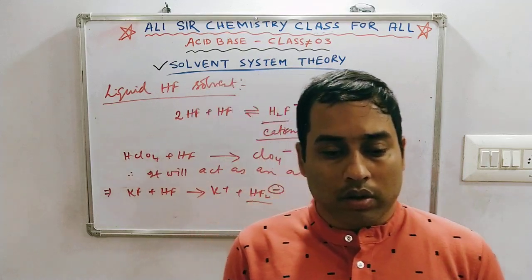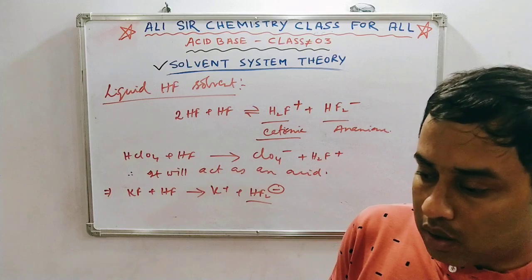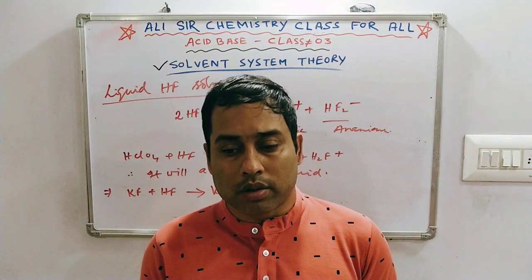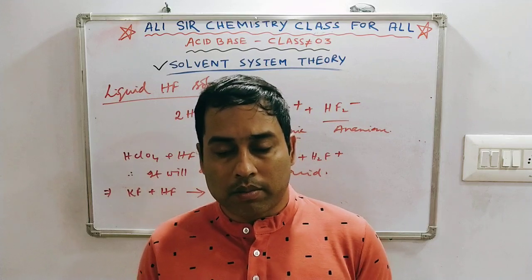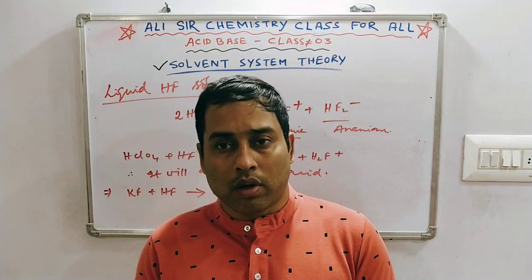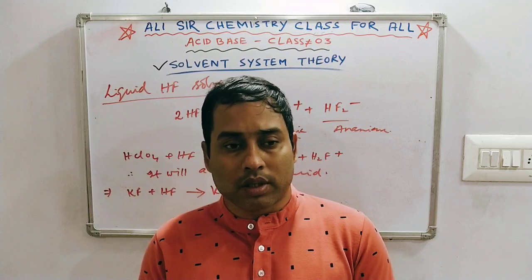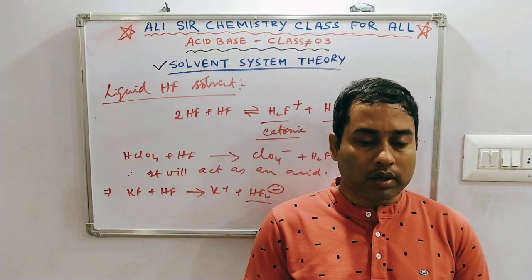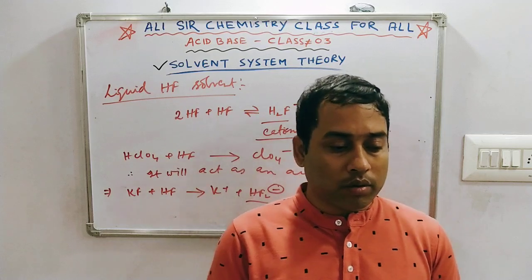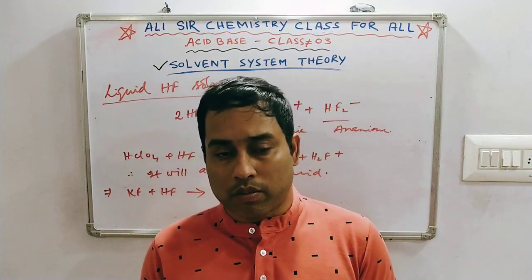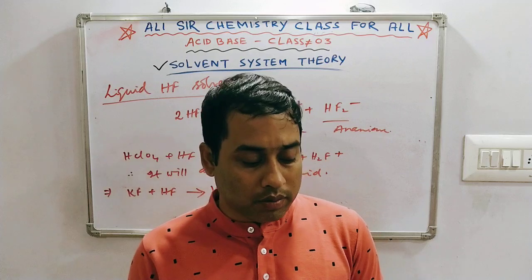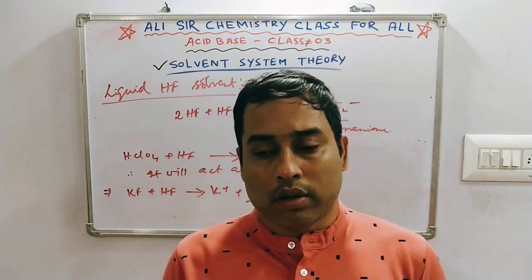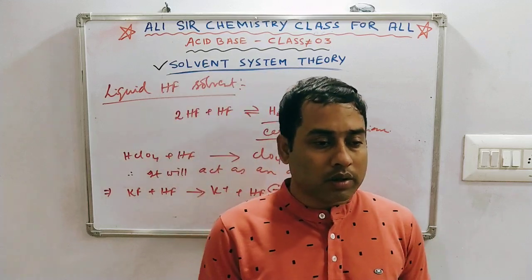So today's class is ending now. Today's class is basically on the solvent system theory. I think it is very clear for all of you. I have just taken a few examples. There are many more examples of acids and bases in these categories. You may study in your books. Students, please listen carefully and focus on this theory.